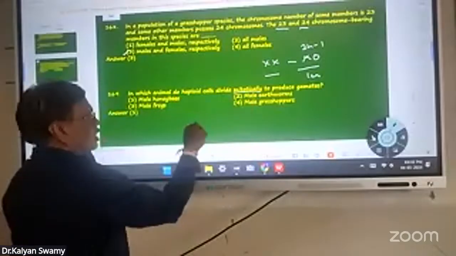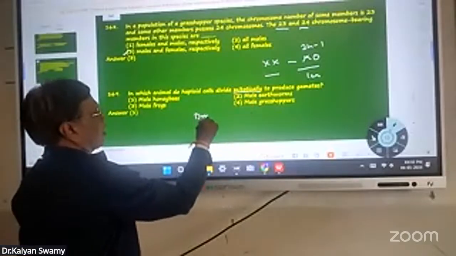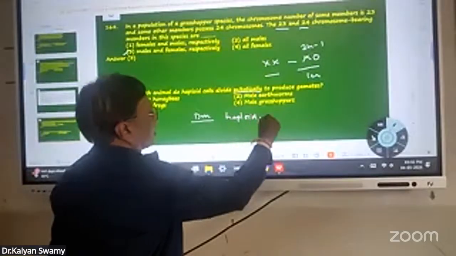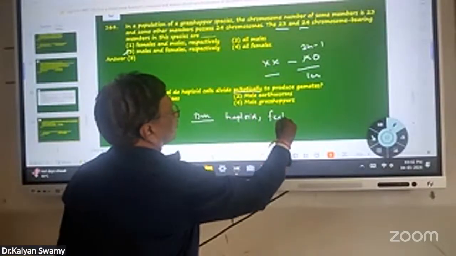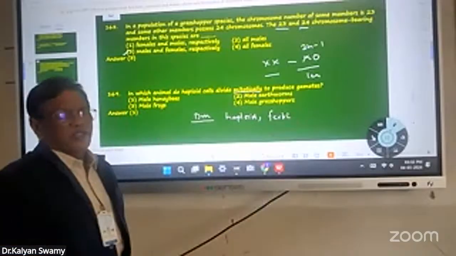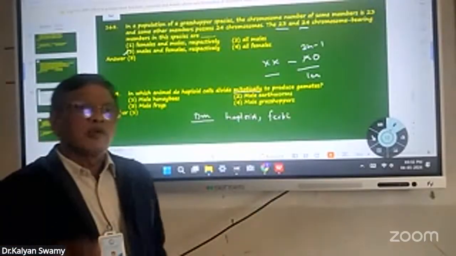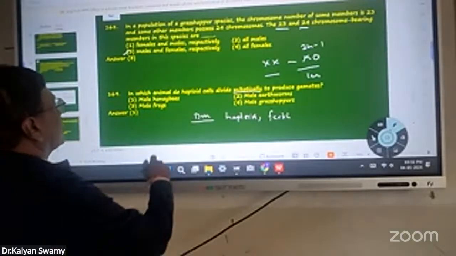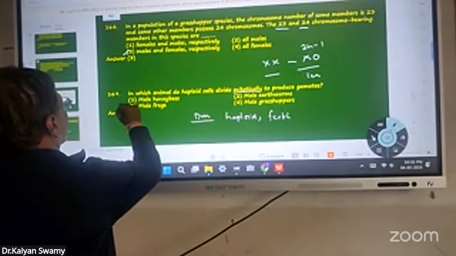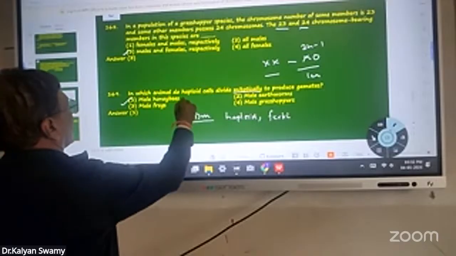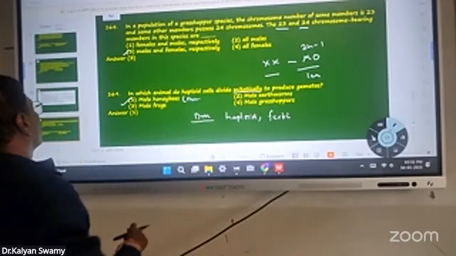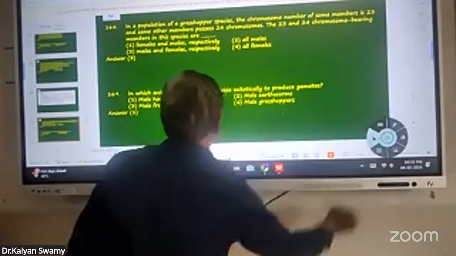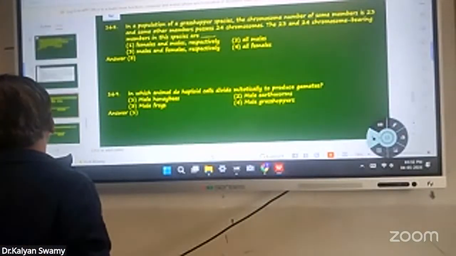Here, the male animals, drones, are haploid. They are haploid but not sterile. They are haploid and fertile. Any haploid cell that does not undergo meiotic division, by undergoing mitotic division only, it produces the sperm. That is the male animal, drones. Male animals are drones, option one. It is very easy and saves time.